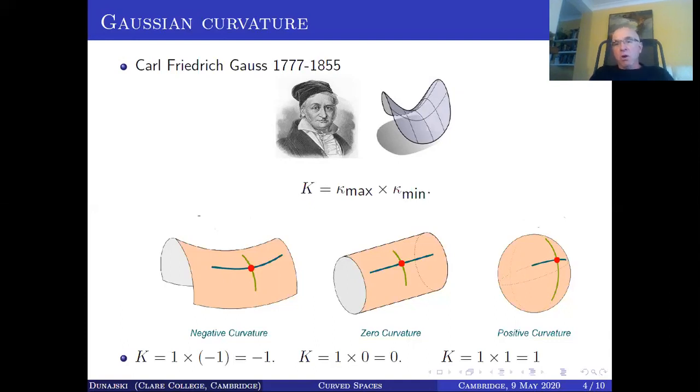And the circles will all bend in the same direction. So if the radius of the sphere is 1, then kappa max and kappa min will both be equal to 1, and so will the Gaussian curvature of the surface.